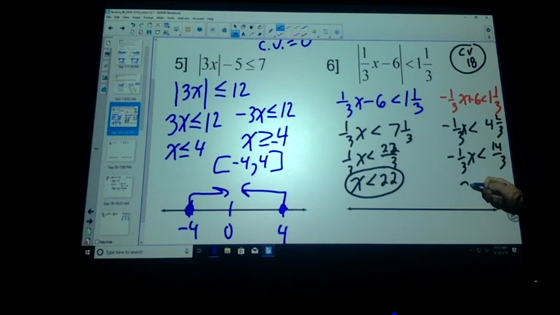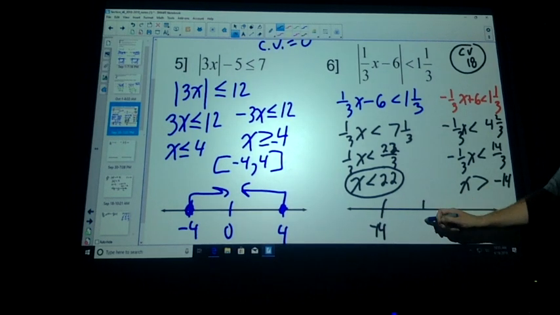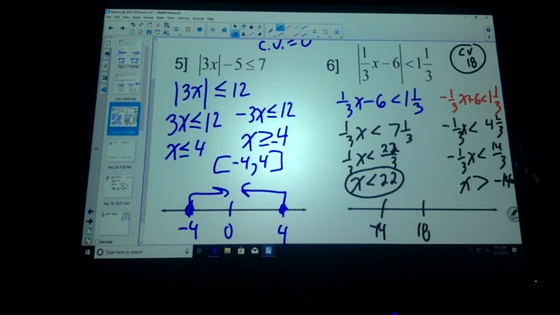Multiply both sides, sign flips. So I get -14 down here. Critical value of 18 somewhere here. Oh wait, I goofed up someplace. Critical value 6. That should be right. And then 22. I goofed up someplace on here, but we'll finish the problem first.